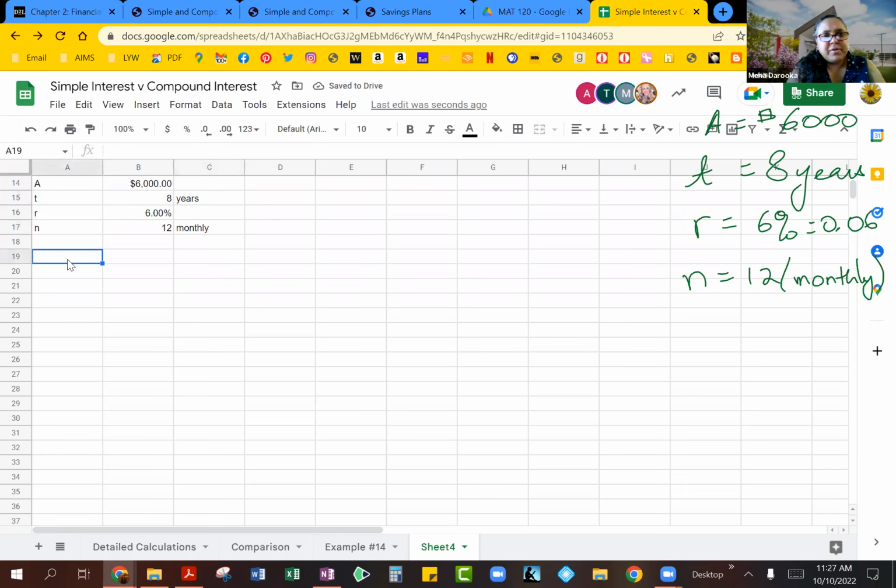So now remember the formula, if you were just using the formula, that is A equals, sorry, not A, we're finding the present value.